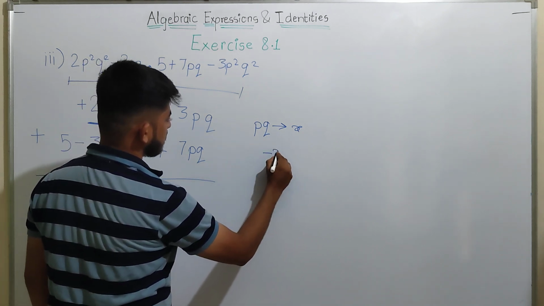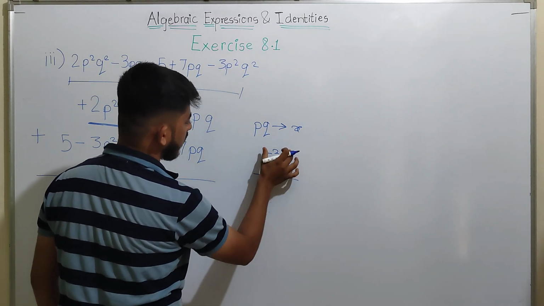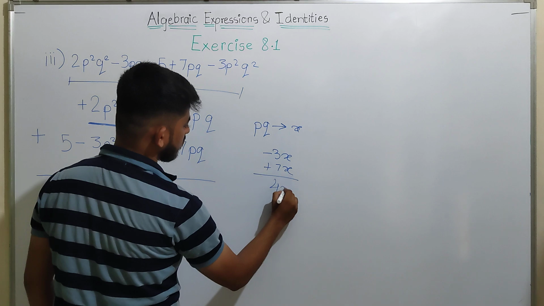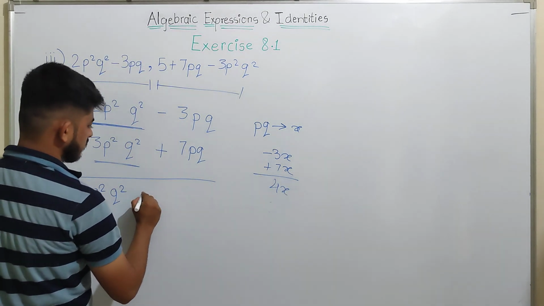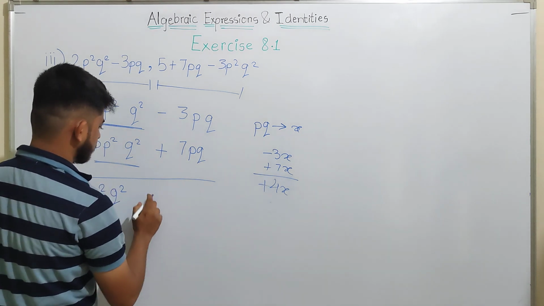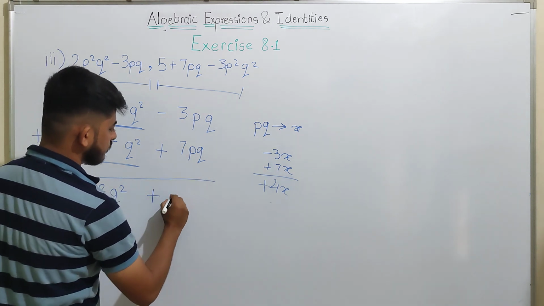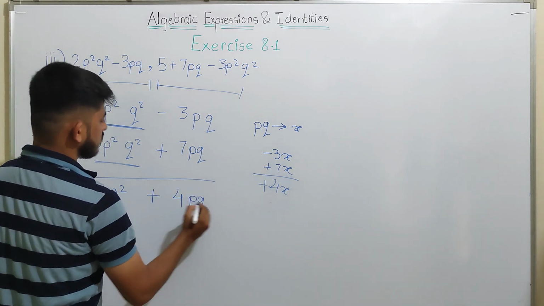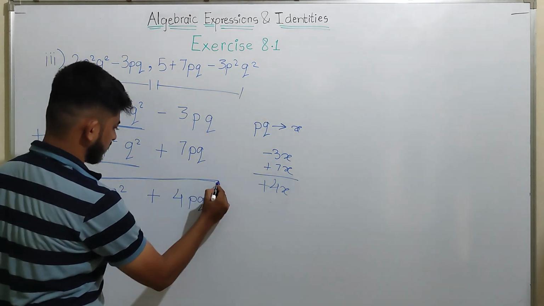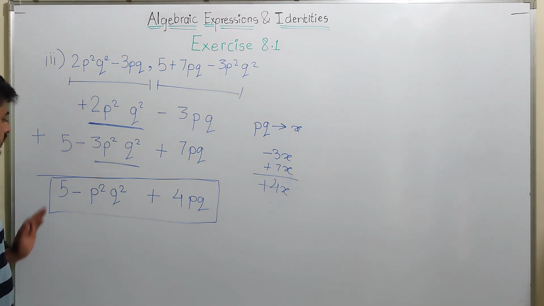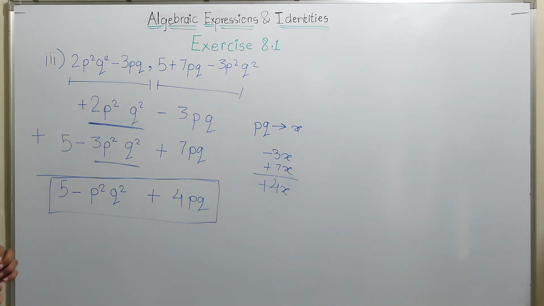So minus 3x plus 7x. If we add this, what will we get as the answer? 4x. So this is plus 4x, right? So I'll write plus, and instead of x, I'll rewrite it as pq. So 4pq. So this was the required answer: 5 minus p²q² plus 4pq. So this is the required answer.